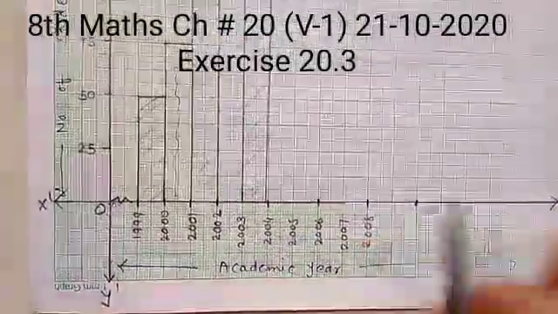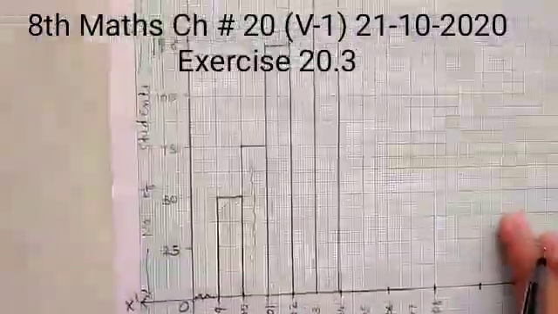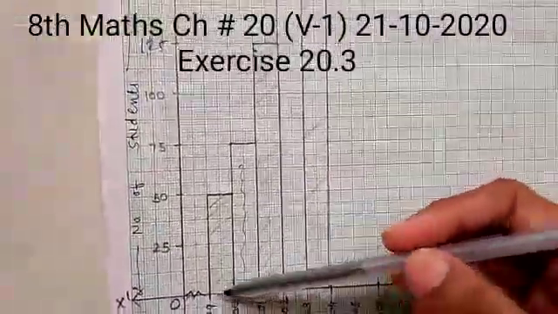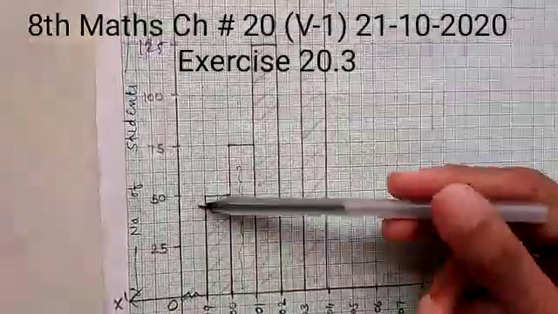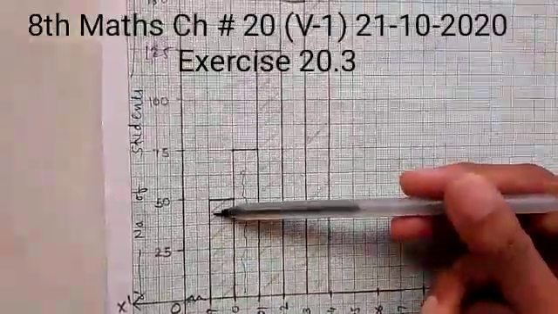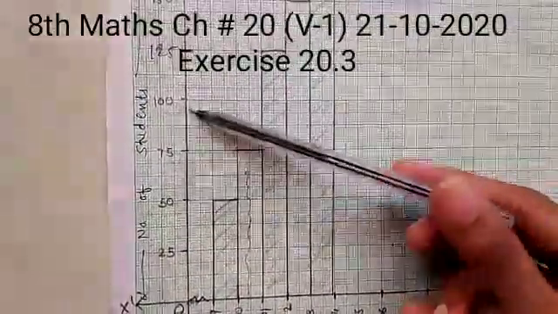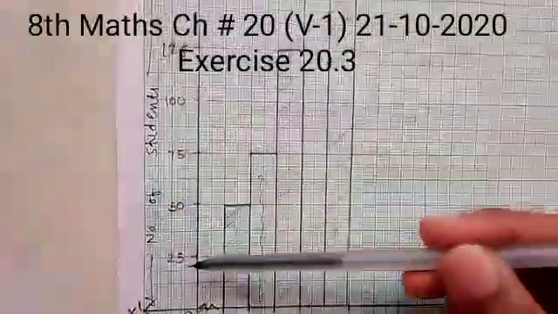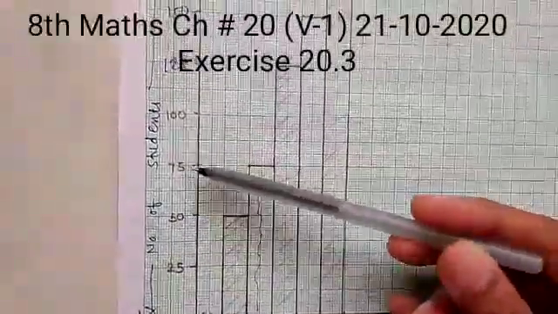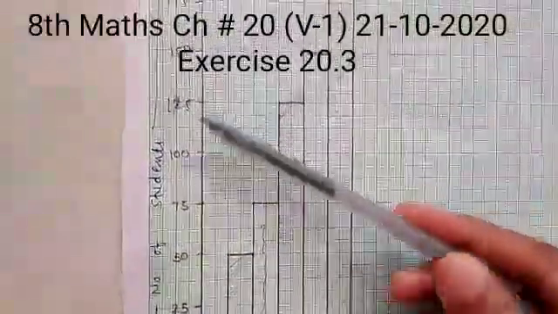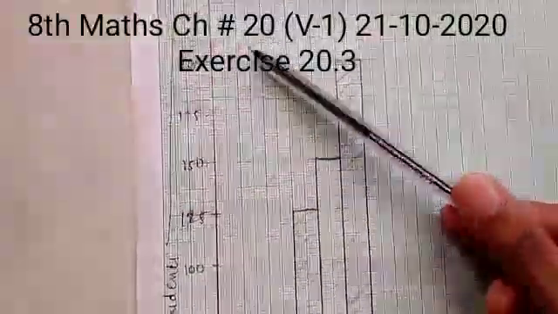On the y-axis, the number of students given is 50, 75, 125, 150 and 200. So we are taking the scale at 25, 50, 75, 100, 125, 150, 175 and 200, right?